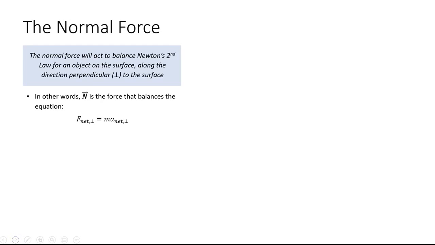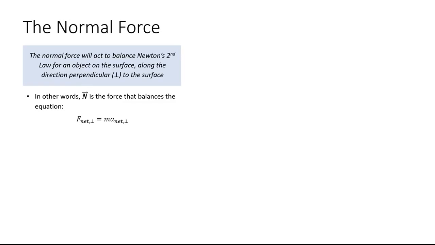If I think about the net force perpendicular to a surface, which I'm calling F net perp, I would set that equal to the mass of the object sitting on the surface multiplied by the acceleration of the object in the direction perpendicular to the surface. That's my a net perp here. Then the normal force is the force that perfectly balances that equation.